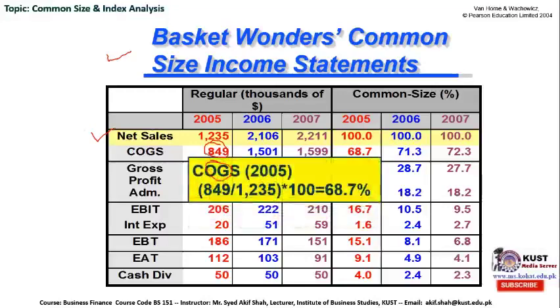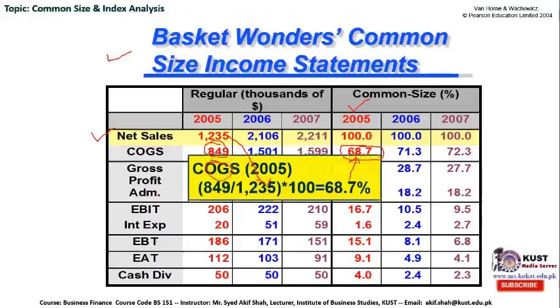Now, how did we arrive at the cost of goods common size analysis, which was telling us 68.7%? 68.7% is the value of cost of goods sold in 2005 for Basket Wonders company. The method is to divide cost of goods sold by the relevant sales value of that particular year, and we can come up with the percentage of that particular head of account.